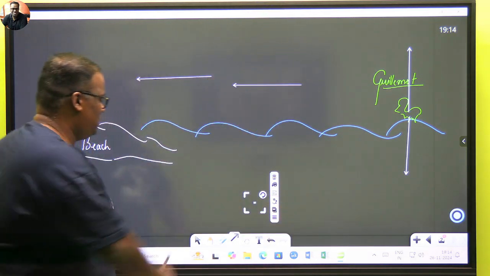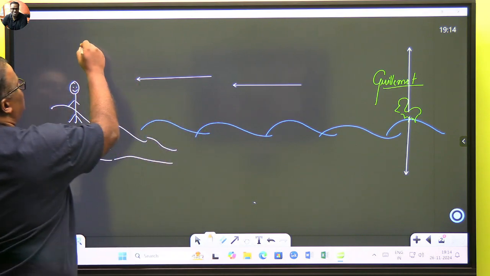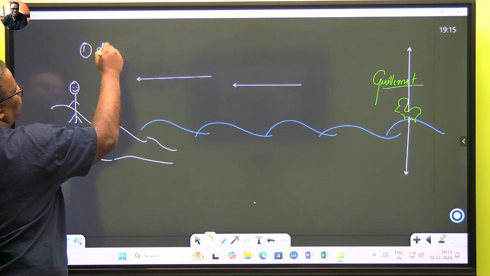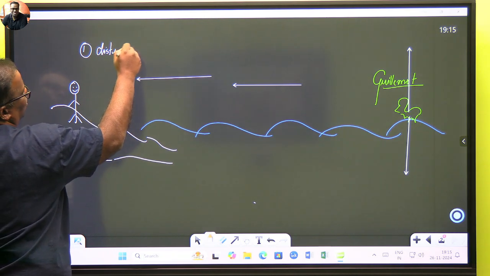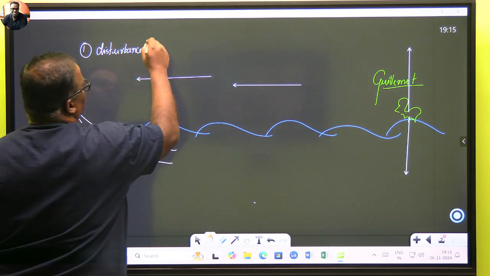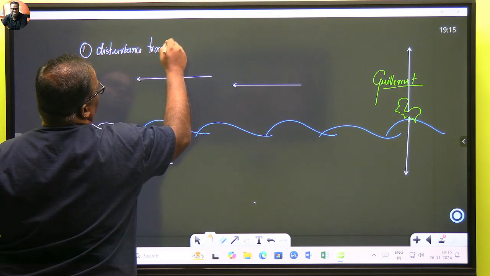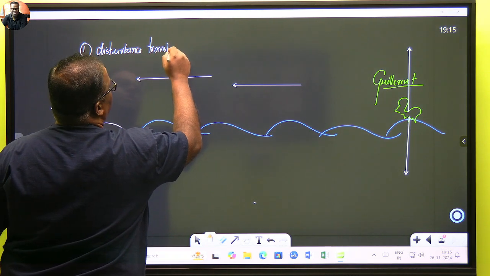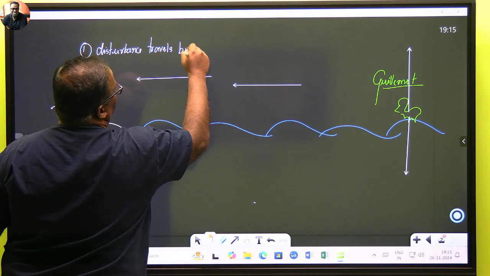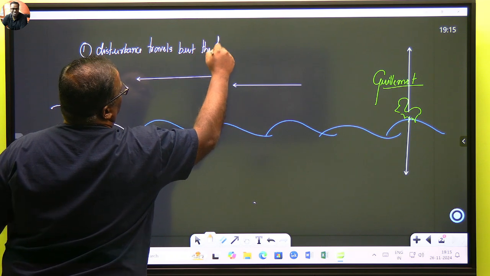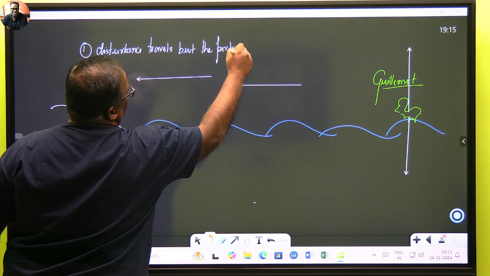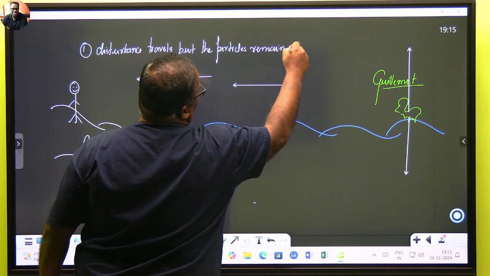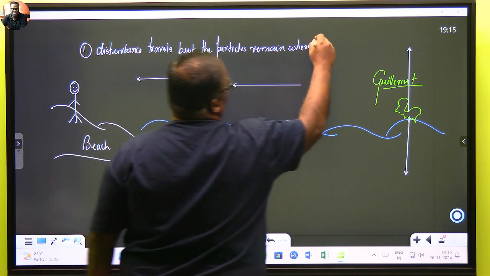This gives us the first impression, we'll have many examples. The first impression in wave, which you will not agree with me at first, which is very common: the disturbance travels, but the particles remain where they are.